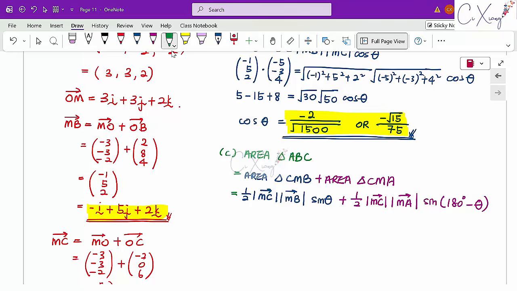If you have a look at the details here, just now I got the value for cos theta. How can I get the value for sine theta? You might need to draw a diagram to help you. From here, cos has a negative value, so you know that theta is an obtuse angle.